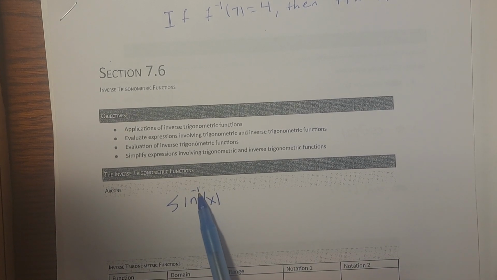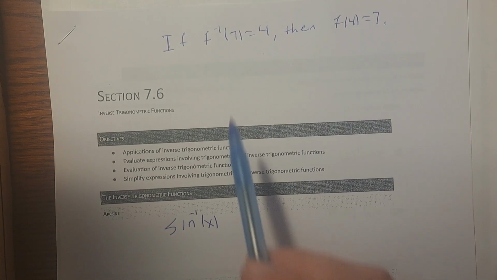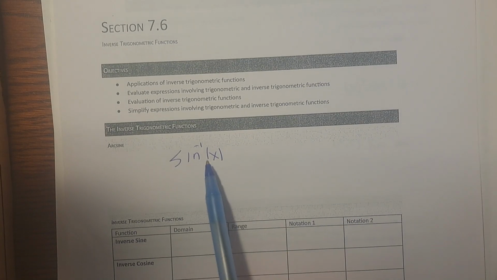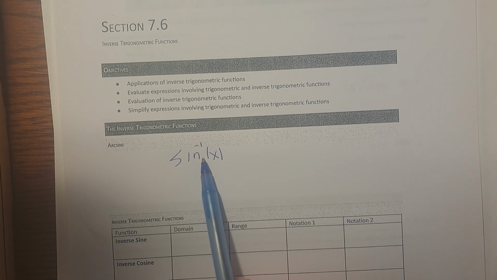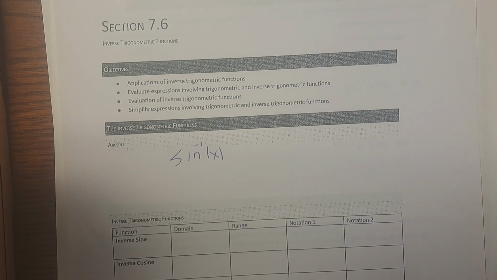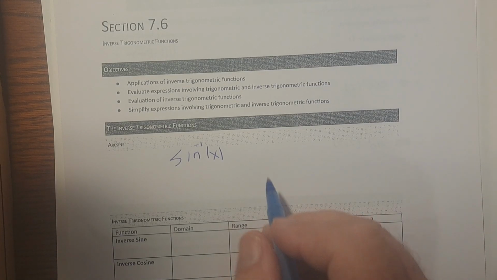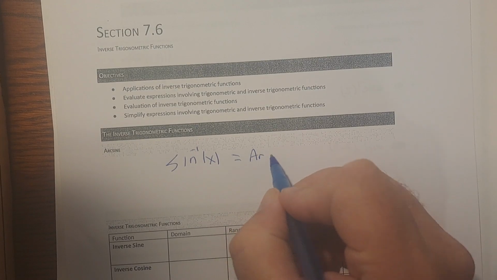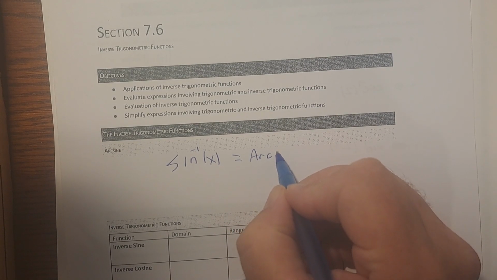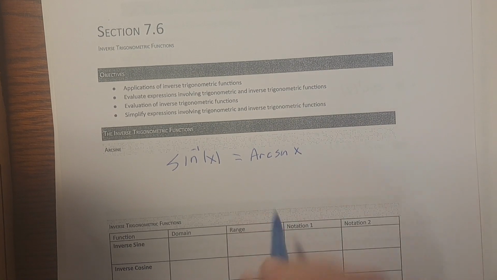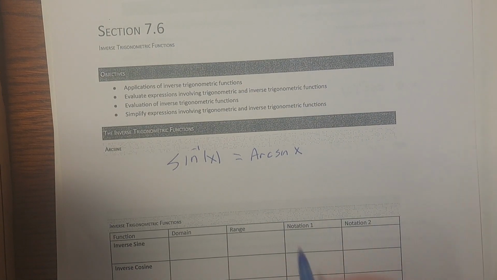It just means the inverse function of sine, just like f inverse doesn't mean 1 over f. It means the inverse function of f. Another way that people will denote it as a function is arc sine, and it means the same thing.